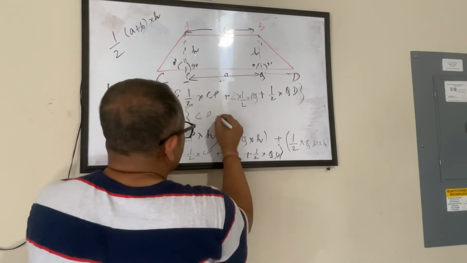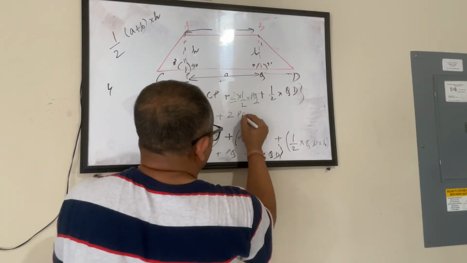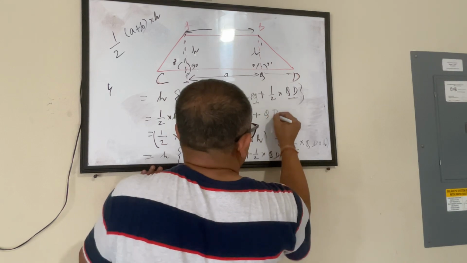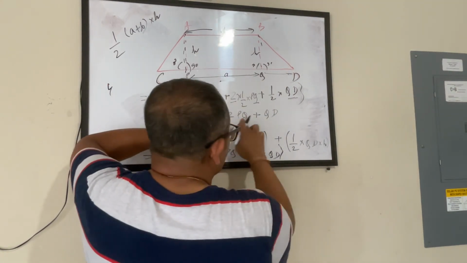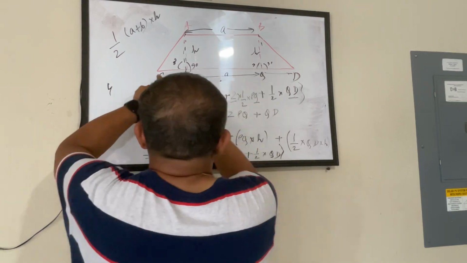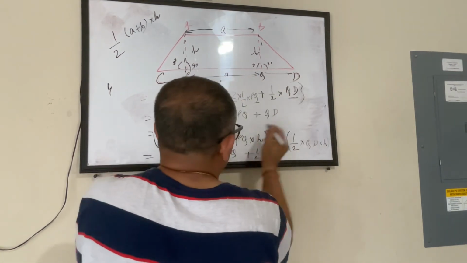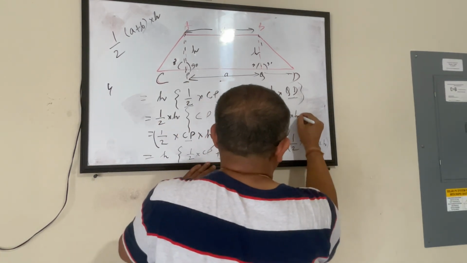I have CP plus 2 into PQ plus QD. Now look at this. CP plus 2PQ plus QD. This is CP plus QD plus PQ. So what I will do here is half into H I am taking out.